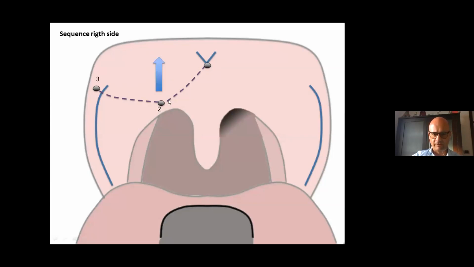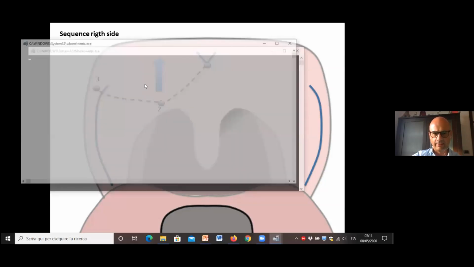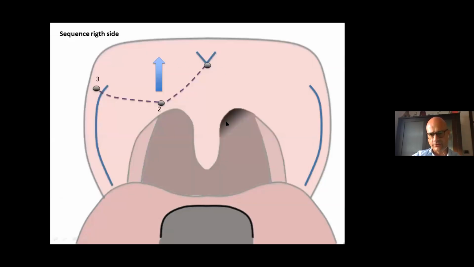Instead, if we perform a V-shaped line, pulling up this suture, we can move the palate in this way. So this is the first movement of the soft palate during this procedure. By using this procedure, we can manage even the central aspect of the soft palate.